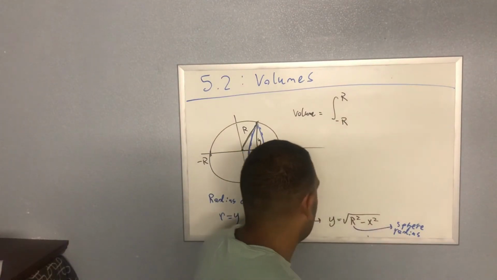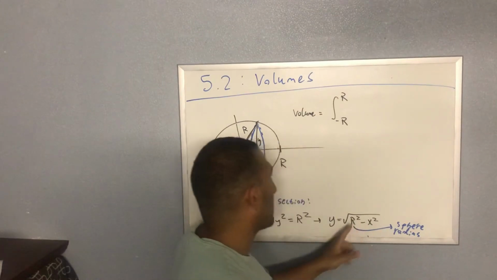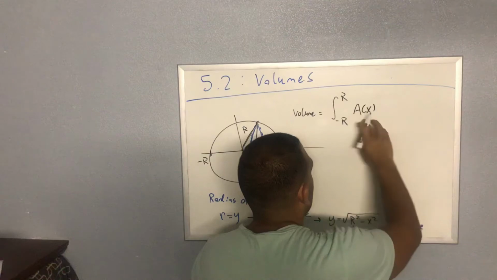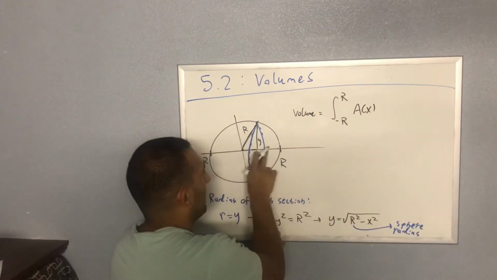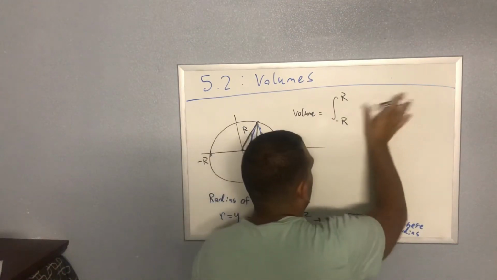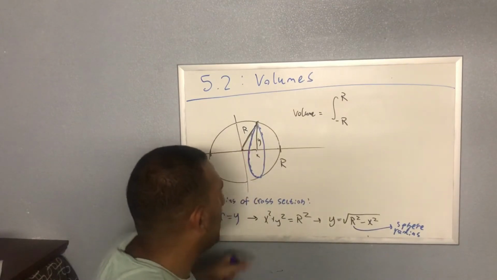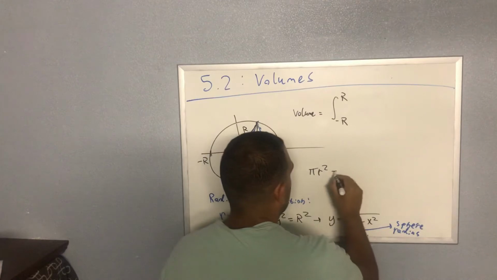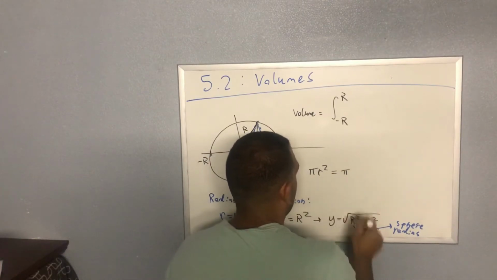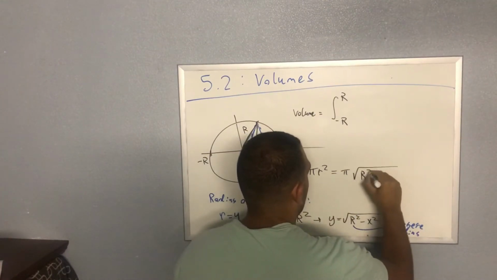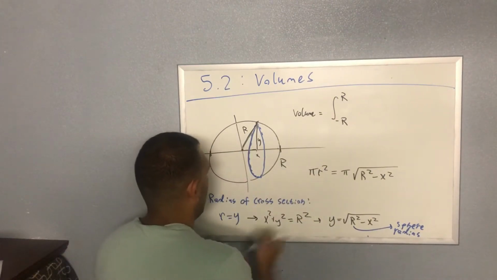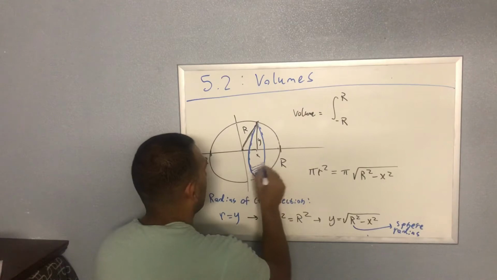Now notice that this y is a function of x. This is why we did this, because we need a cross-sectional area as a function of x, the position x, where you're at on the horizontal axis. So the area of a circle is pi r squared, right? So this is going to be pi times the square root of r squared minus x squared, squared.